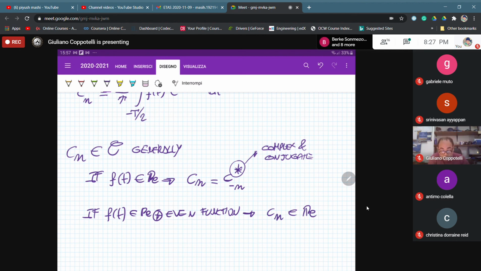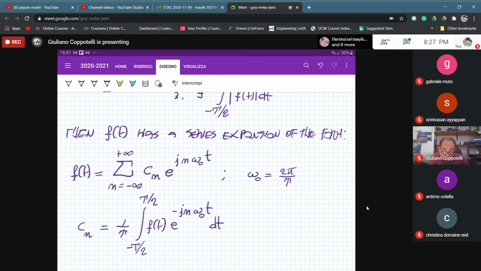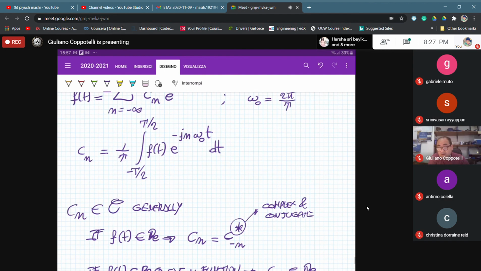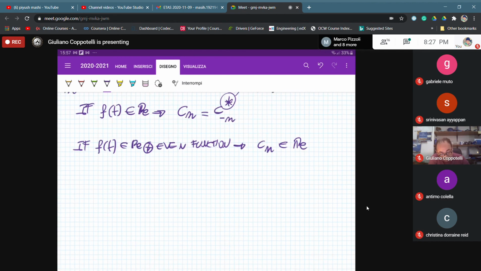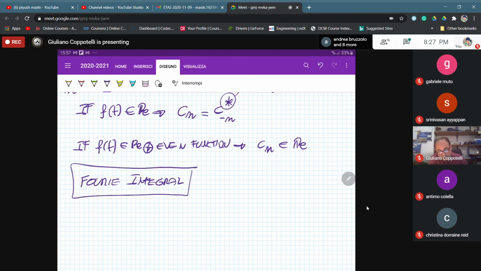If we are having a lot of these terms, then we can move to the Fourier integral. Previously we had the Fourier series, now we have the Fourier integral.